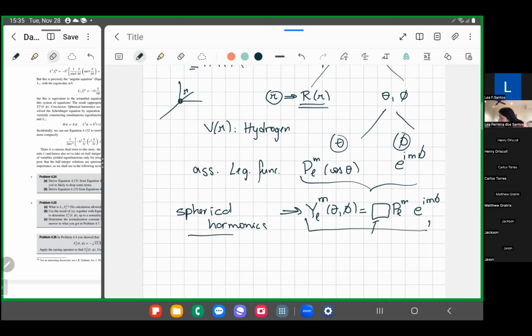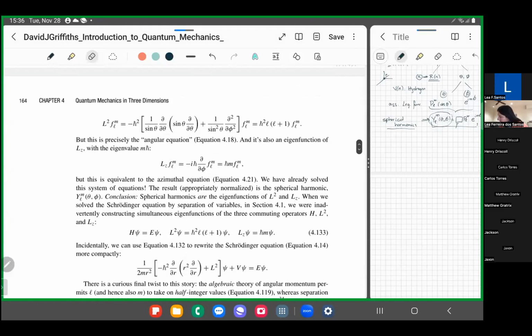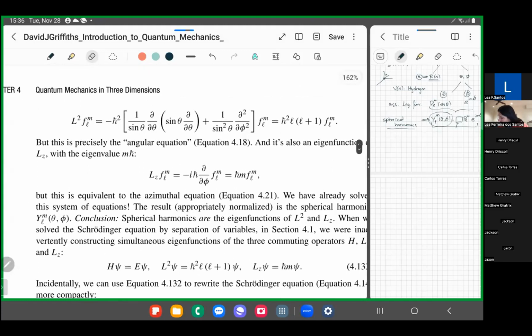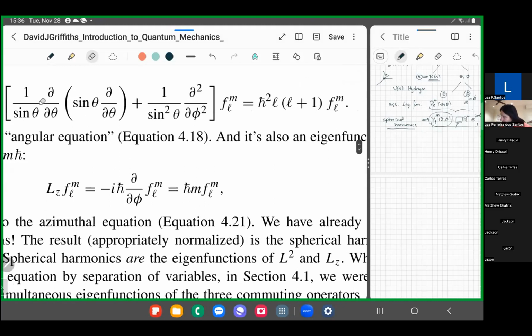Okay. Let me remind you, that's why I have the screen split, of the equation that we obtained for this guy, because we are going to see this equation again showing up today. Yeah, so you can see. So the equation that we had was something like this, okay, involving these derivatives in sine and phi, and this l(l+1) is the eigenvalue of the equation.